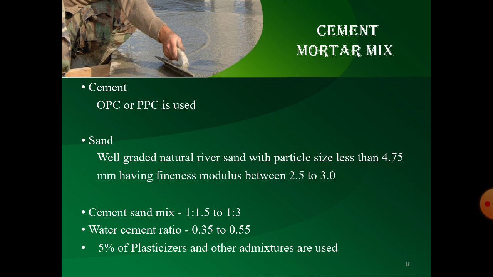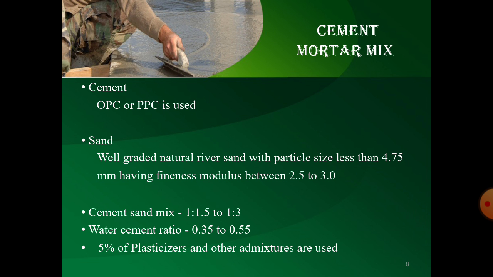So cement mortar mix consists of cement, sand, and water. So cement, whether OPC or PPC, can be used. Sand, well graded natural river sand with particle size less than 4.75 mm and having fineness modulus between 2.5 to 3.